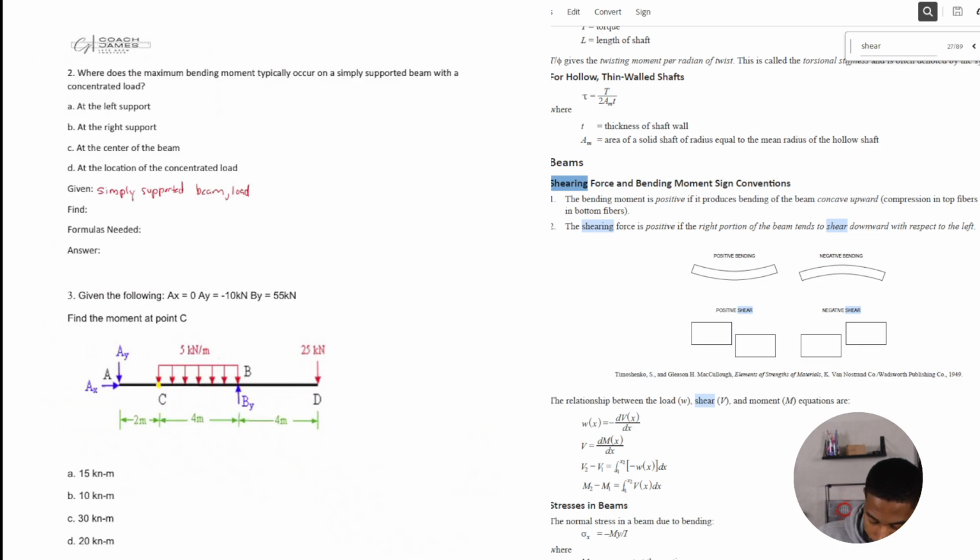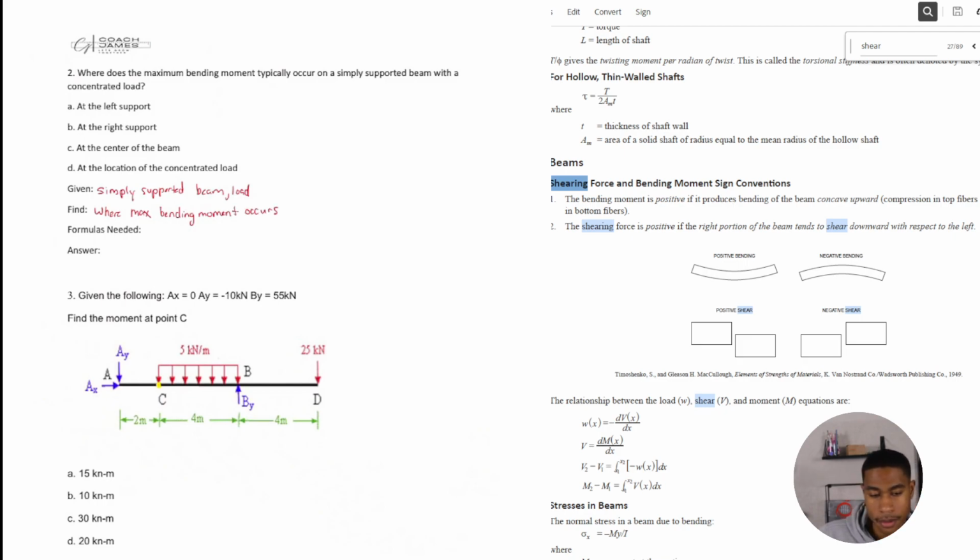And we want to try to find where the max bending moment occurs.